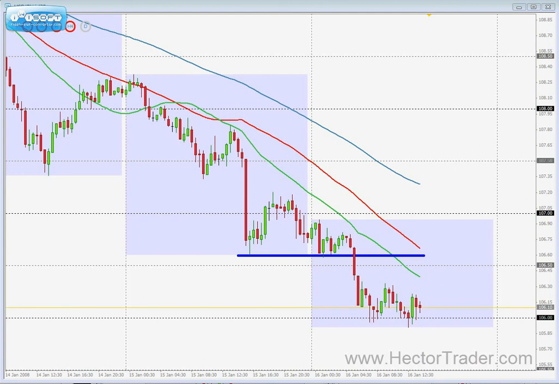The worst thing that can happen is to take an entry, and 15 minutes later, 30 minutes later, the news comes out, spikes price to the upside, and knocks out your stop loss within the minute. You don't want that. You certainly don't want that. That's very frustrating. So it's always important to keep an eye on the economic calendar for the day.